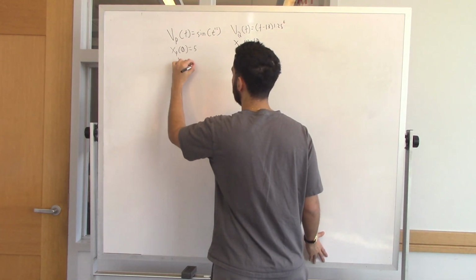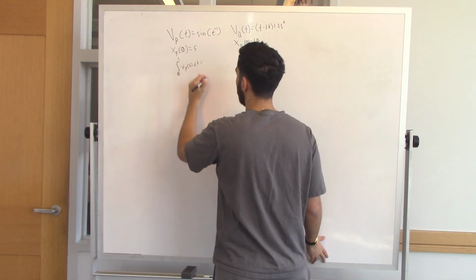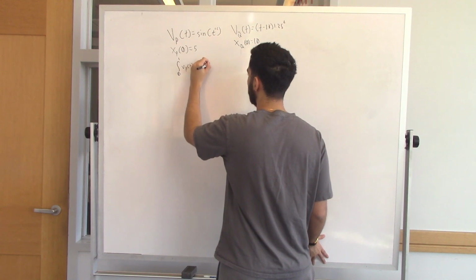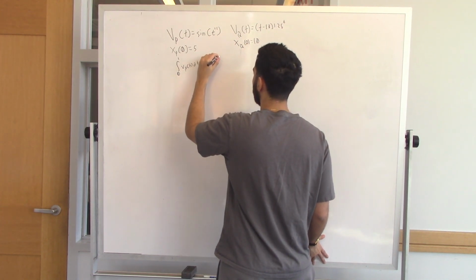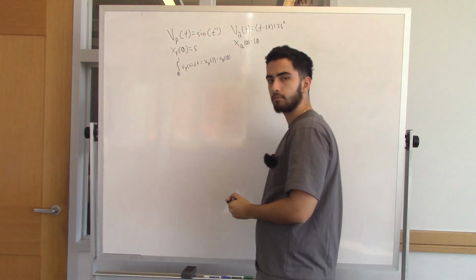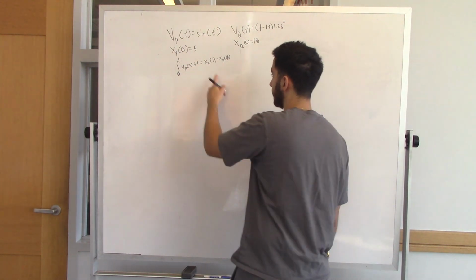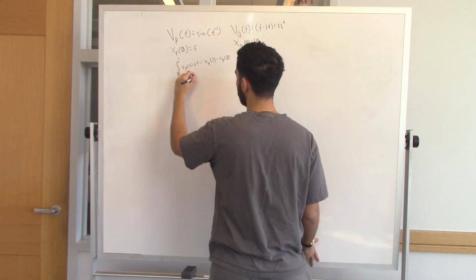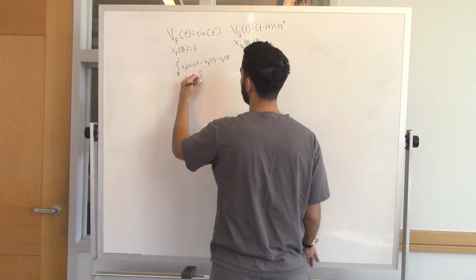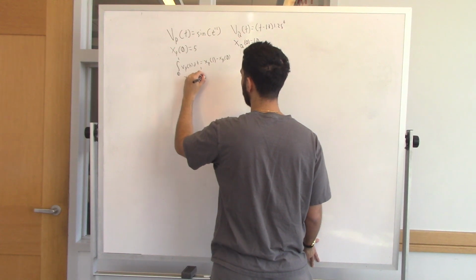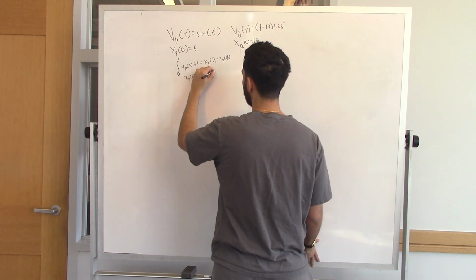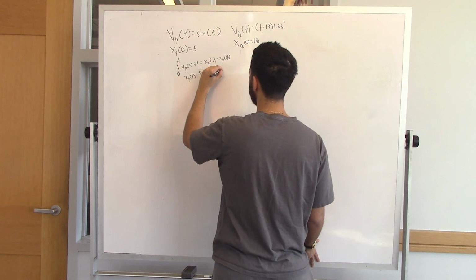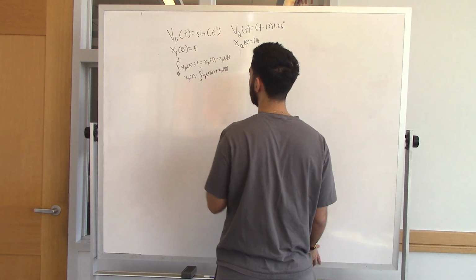The integral of Vp of t dt, that's just going to be the position of P at 1 minus the position of P at 0. Right? So to get the position of P at 1, it's going to be the integral from 0 to 1 of the velocity of P plus its position at 0.